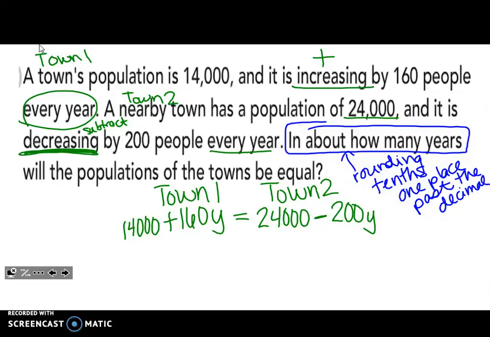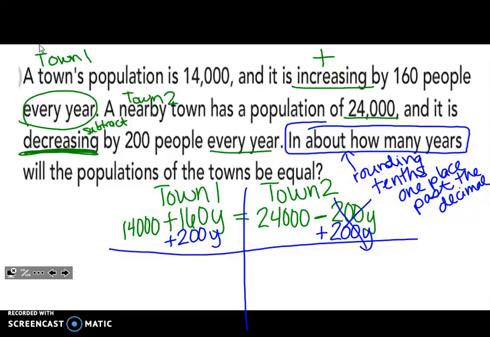So in this case, it's okay to get a decimal. So we're going to go ahead and solve this problem. It's going to be easier to add the 200 away, so we're dealing with positive numbers instead of negative. Then we're going to bring everything else down.